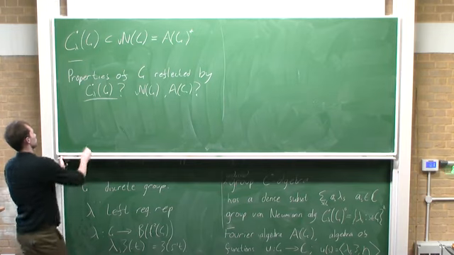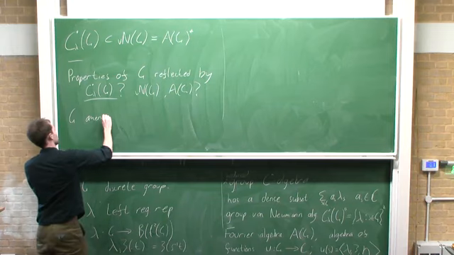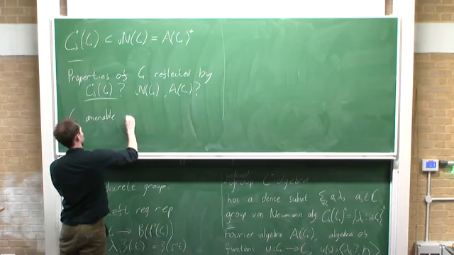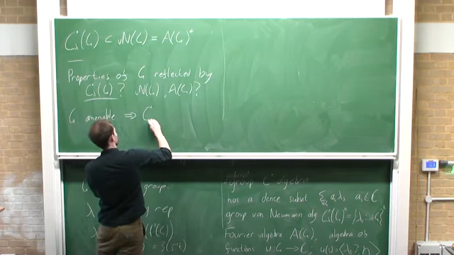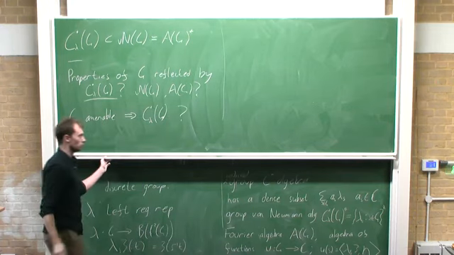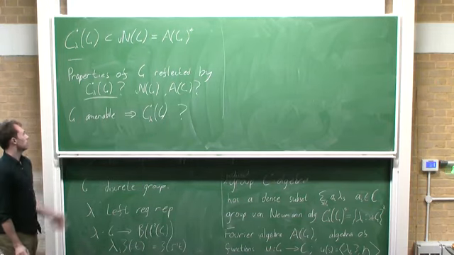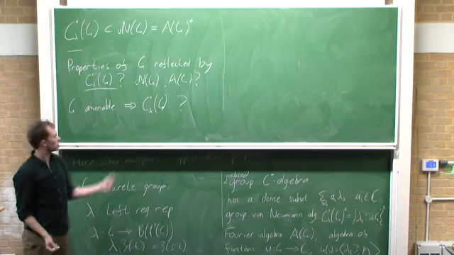Just pick your favorite property of G. So say G amenable implies C-star reduced of G is what? Or your favorite C-star algebra property maybe.